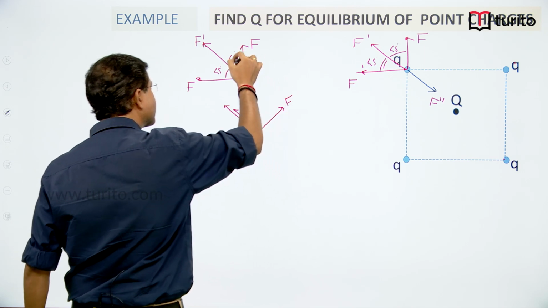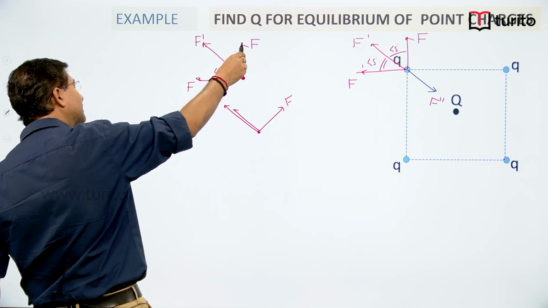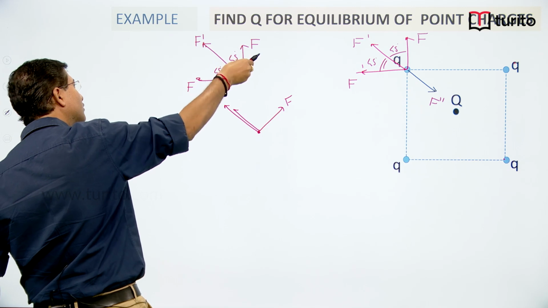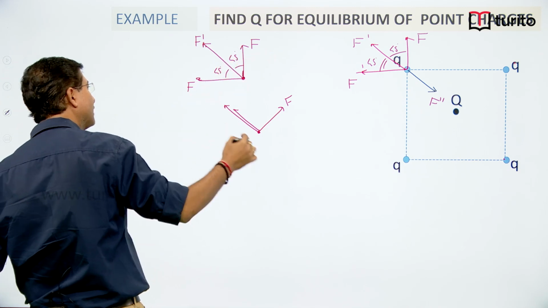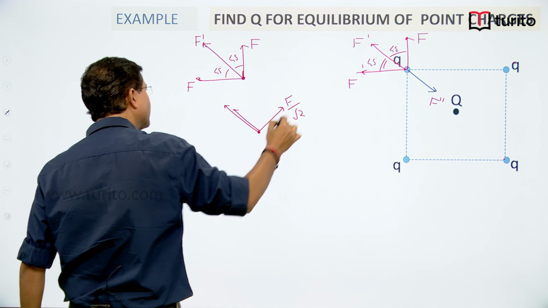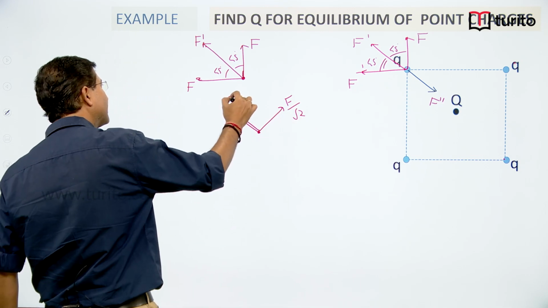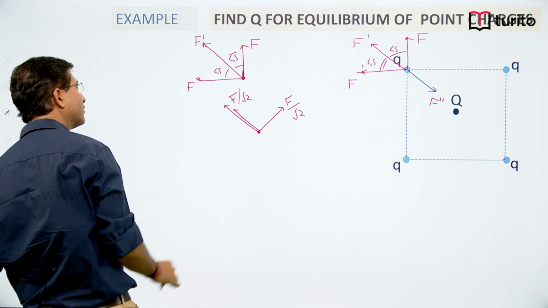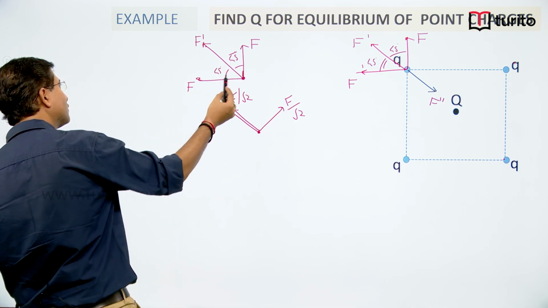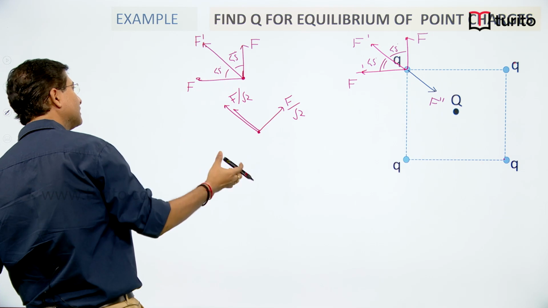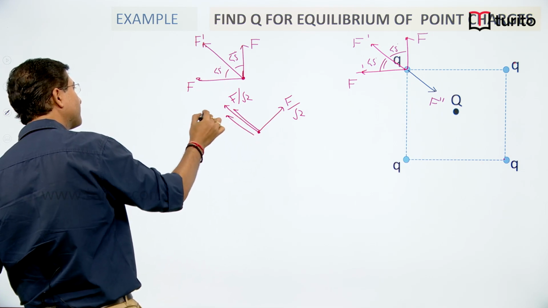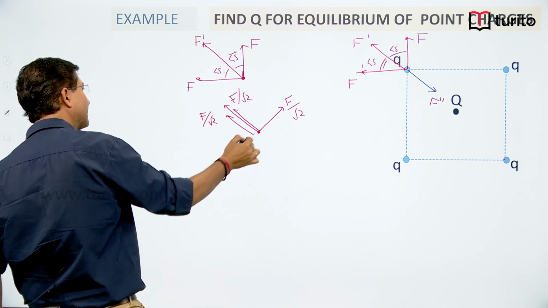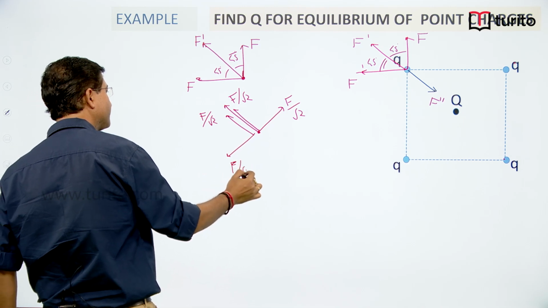I am writing sin 45, perpendicular to that, 1 by root 2, so this component in this direction will be F by root 2. Similarly, I can resolve this force in this direction, that is F by root 2, and in this direction, that is F by root 2.